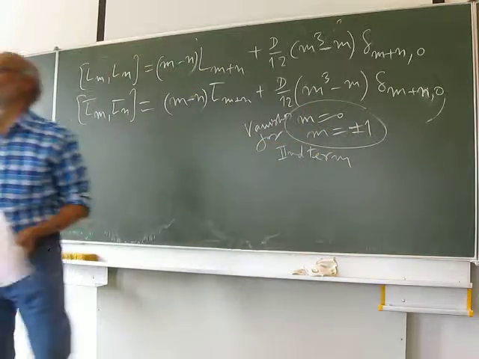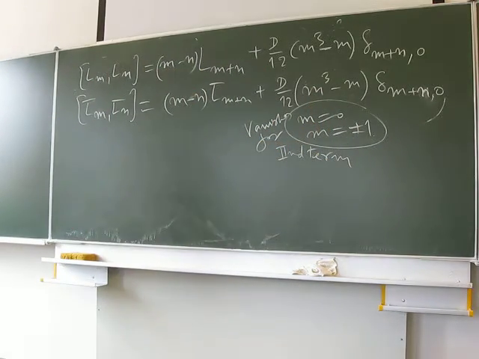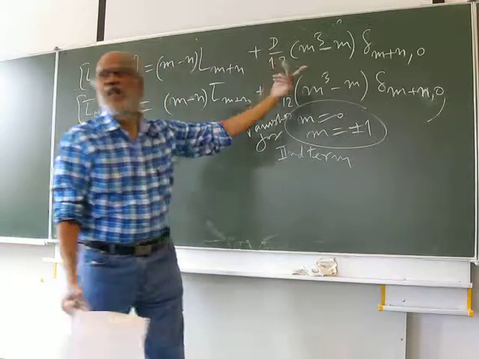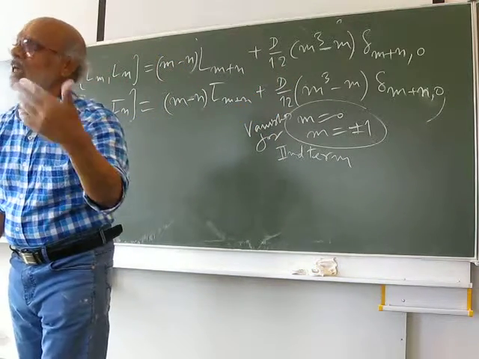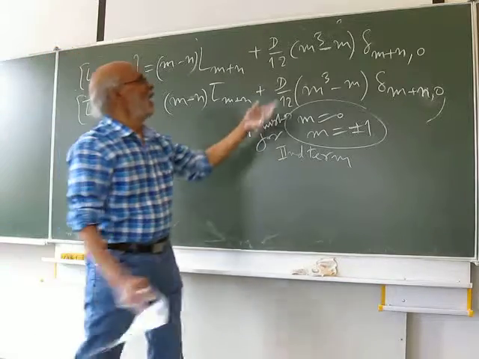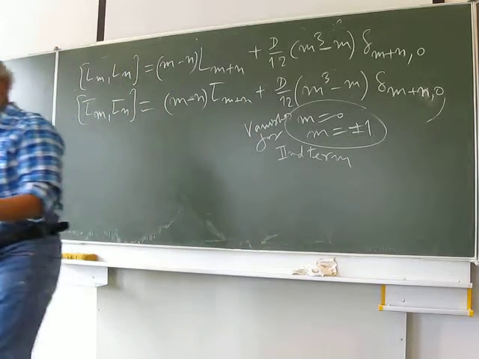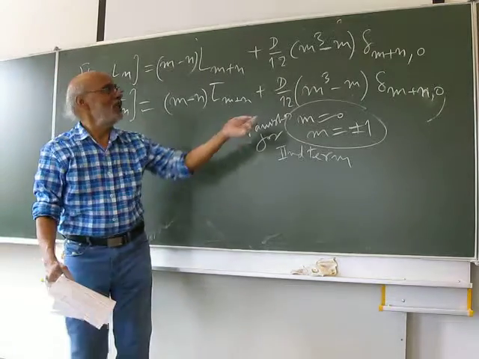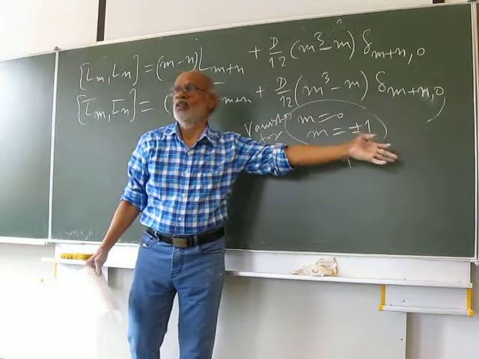This second term has a special name. This whole thing is called Virasoro algebra, and if this term is present, it is called Virasoro algebra with central extension. And this D, which is called the central charge, is actually identically equal to the number of dimensions of our theory.